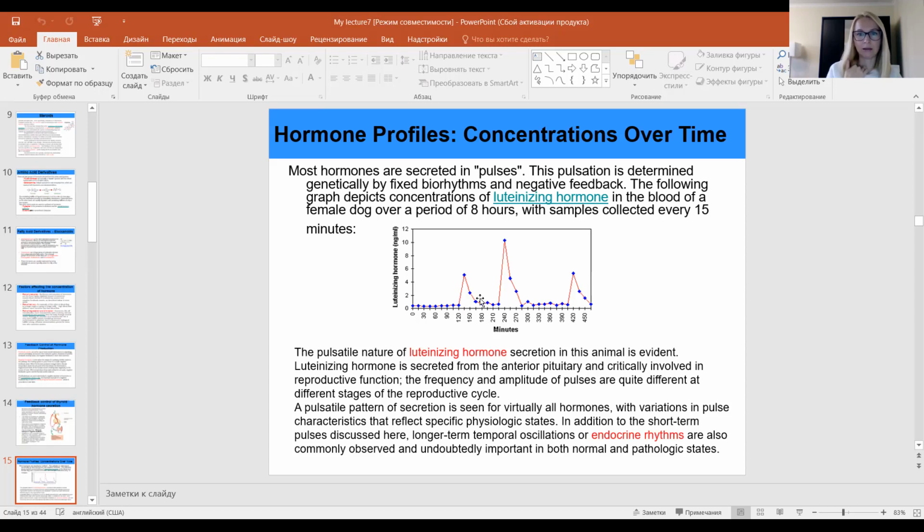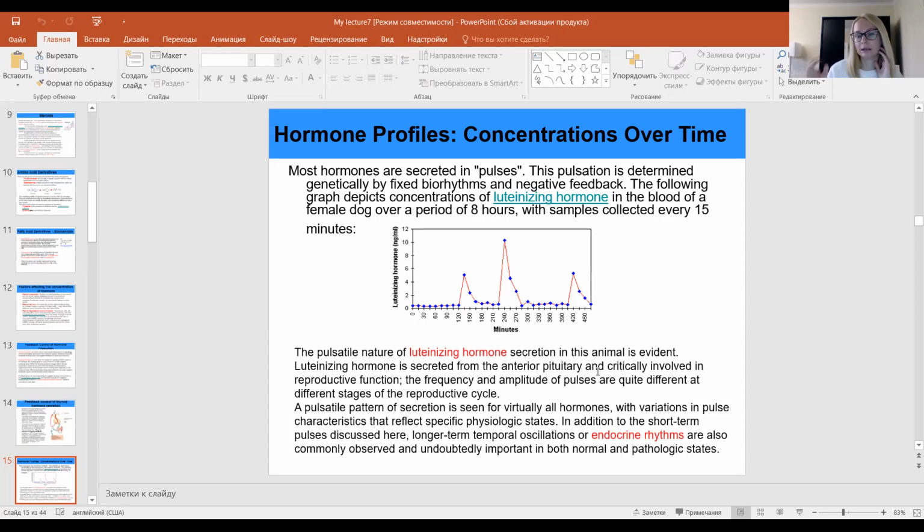Some hormones, like luteinizing hormone, change their level depending on the stages of the reproductive cycle. Some other hormones change during the day, meaning that in the morning the level is higher than in the evening, and some hormones are vice versa. In the morning the level is low, but in the evening this level is high.